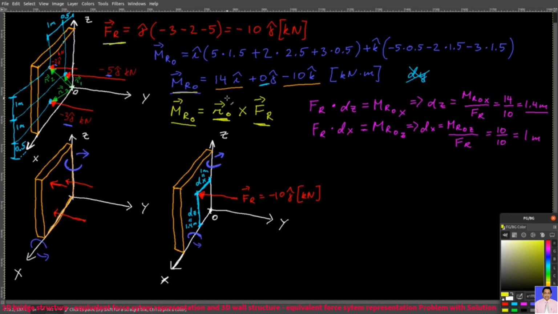As a result, this position vector r0 will be 1i plus 0j plus 1.4k meters.